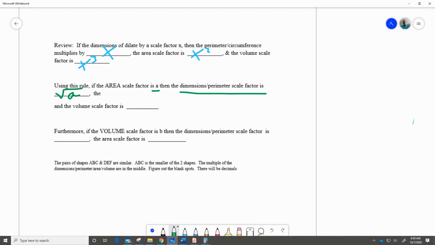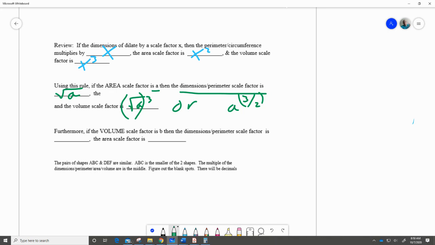Once we have the original scale factor, the root of A, we know the volume scale factor is whatever the regular scale factor is to the 3rd power. So it's the root of A to the 3rd power, or we can call it A to the 3/2 power. We'll look at some examples here in a minute.